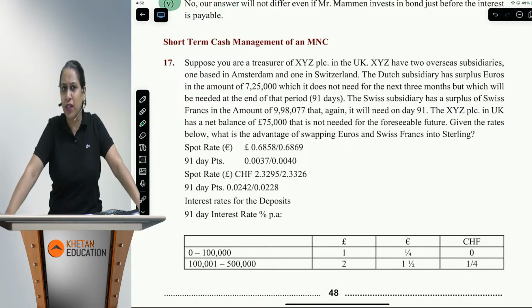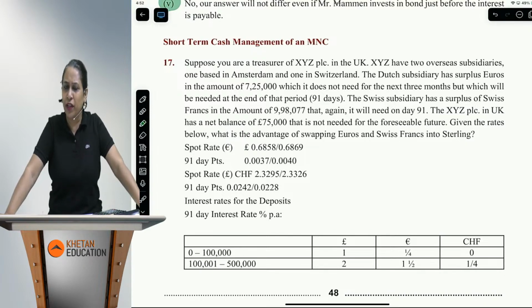One is called the decentralized cash management system and the other is called the centralized cash management system. When I say managing cash, it only means managing the surpluses and the deficits. If you have cash to the extent of the appropriate level, then there is no problem at all, correct? But if you have a cash surplus or a deficit, then there is a problem.